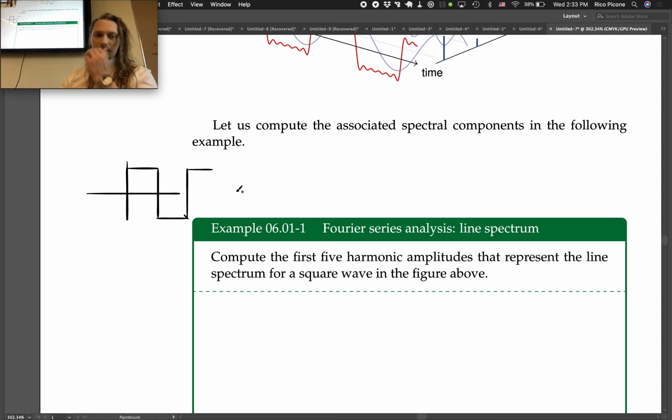So this is the time domain, and this is the amplitude. So we'll say it has amplitude A, and it has period T. And we want to compute the first 5 harmonic amplitudes. So go ahead and start trying to work on this. I'll come back in a couple minutes. I'll stop the video and then do a second part for the example.